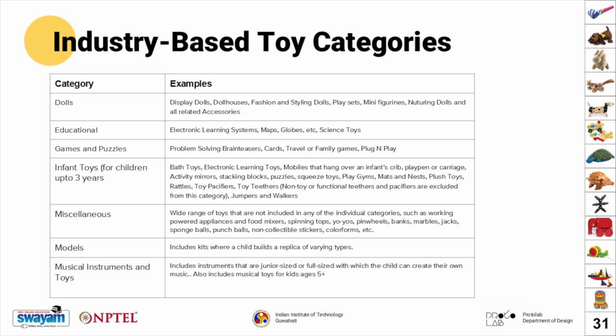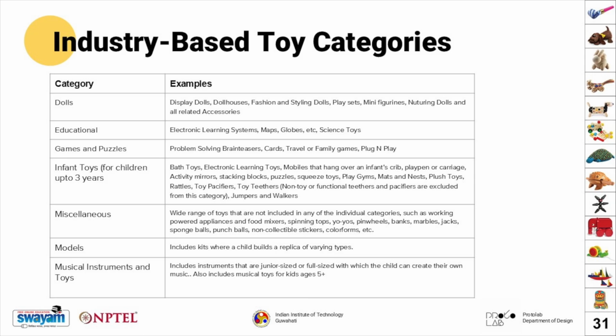Infant toys are a separate category because they follow stricter safety rules. Rattles, teethers, play gyms, squeeze toys, plush, early puzzles, and bath toys. The miscellaneous category is exactly what it sounds like. Tops, yo-yos, marbles, jacks, pinwheels, sponge balls, all the odd ones out.